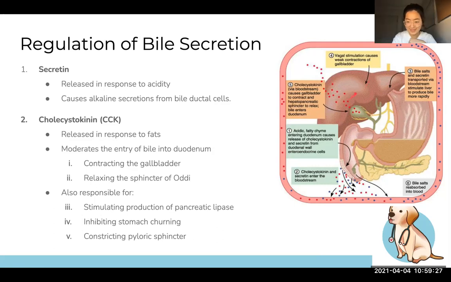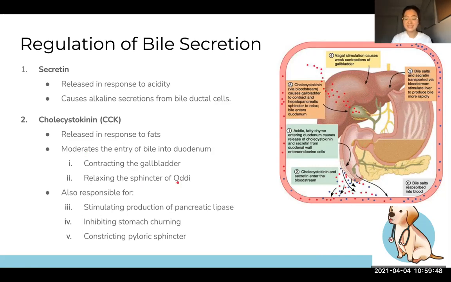Bile is made here, travels down these hepatic ducts, and is stored in the gallbladder until we need to digest fats. The gallbladder then contracts as a result of the cholecystokinin, and that causes the bile to go down and be emptied into the duodenum.